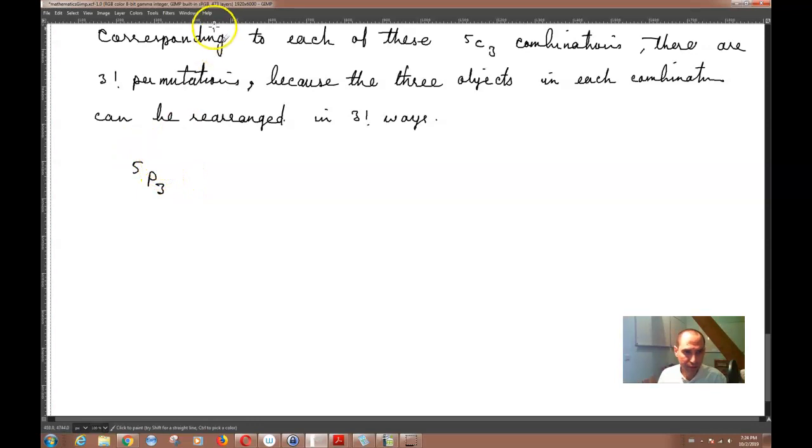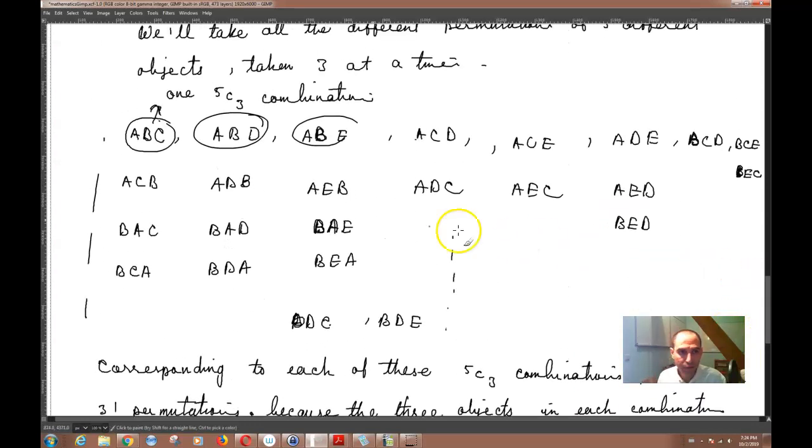And based on what you saw over here, you know that 5 permutation 3 is the same thing as 5 combination 3 times 3 factorial. Because suppose that, for example, you have 3 factorial such permutations here, you have 3 factorial such permutations here, you have 3 factorial such permutations, and so on and so forth.